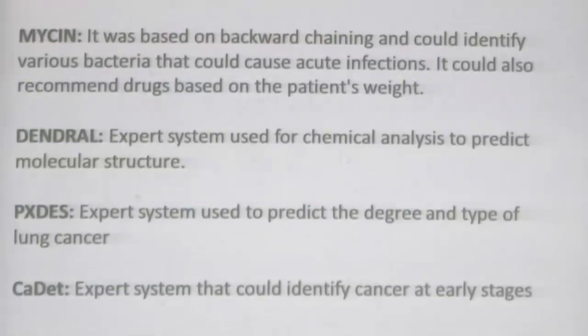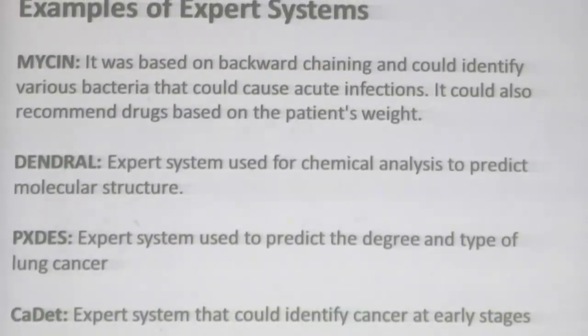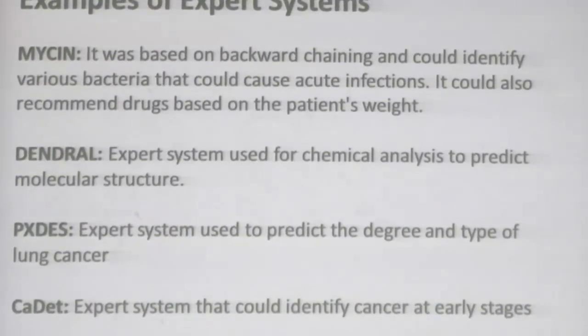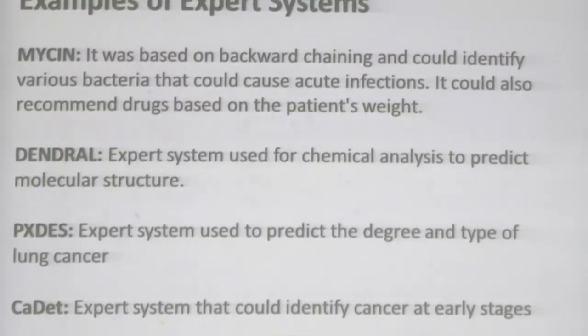As an example, I will take this one, an expert system that could identify cancer at an early stage. If you have cancer, that system will automatically identify whether you have cancer and what cancer it is.